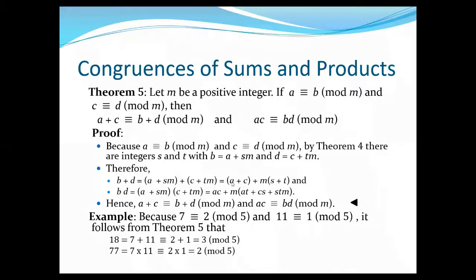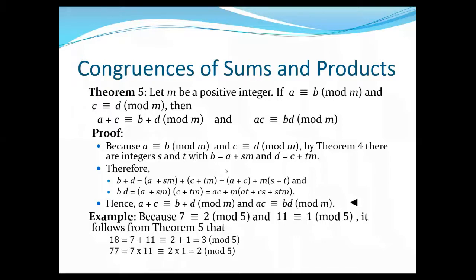And what is this form? Based on theorem number 4, it is the same as this. So therefore, the first form is valid. Same with multiplication: we substitute bd, and then when we manipulate it, this will be the result.